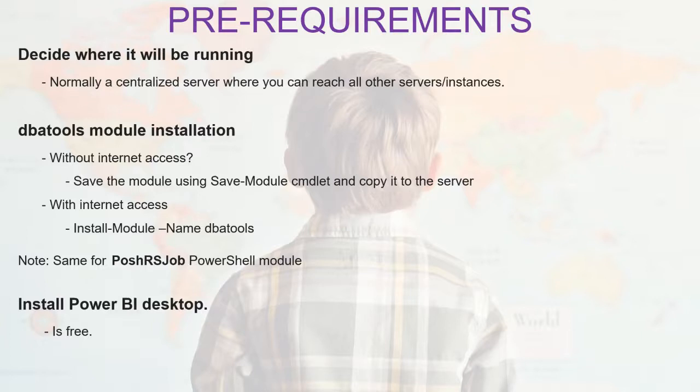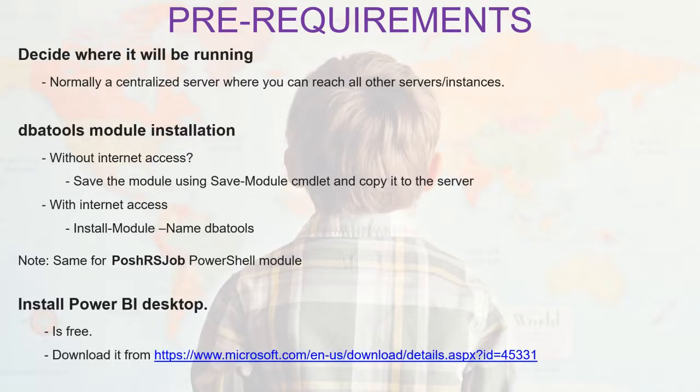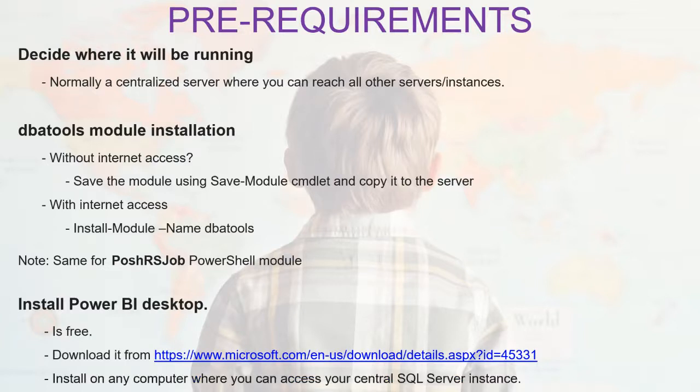So anyone can download and install it on their laptop, on their computer, as long as they have a connection to the SQL Server. However, if you want, you can also install a Power BI Report Server if your organization already has it. You can publish your Power BI dashboards there, and everyone can leverage the same dashboard in a centralized place to access this data.